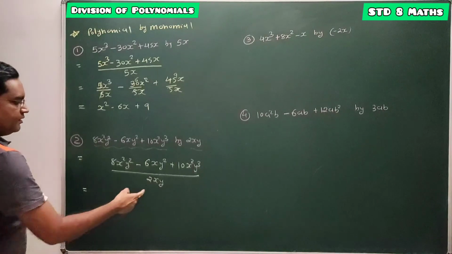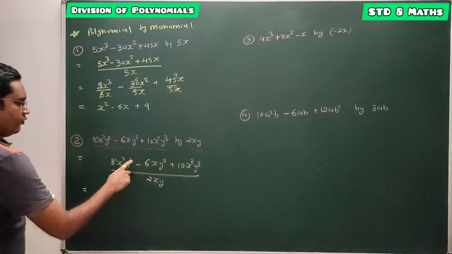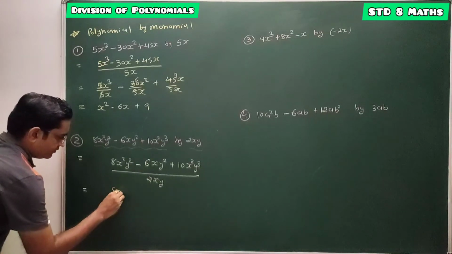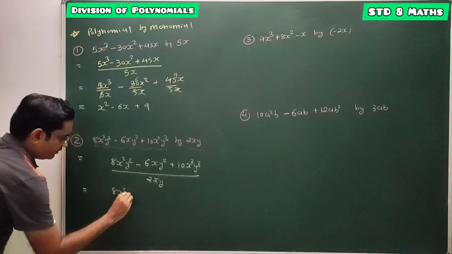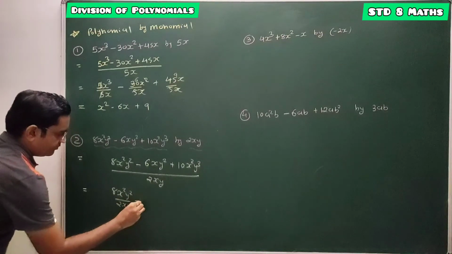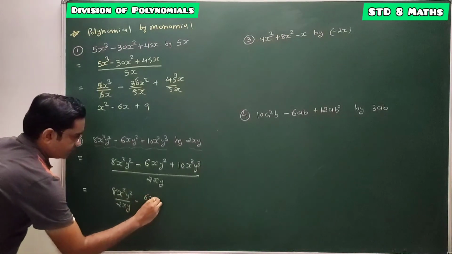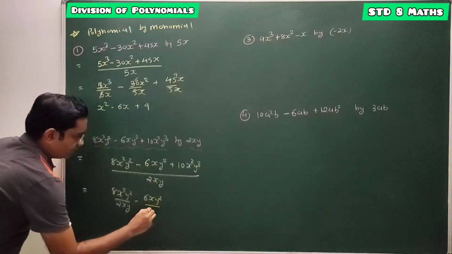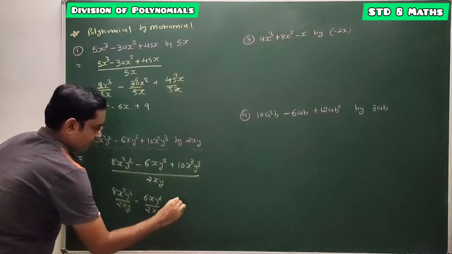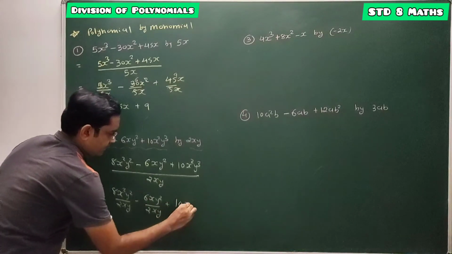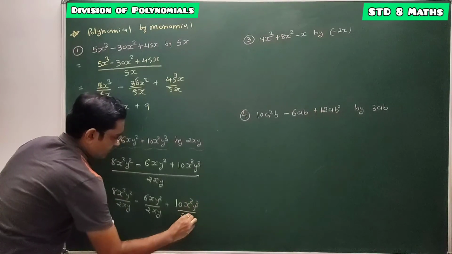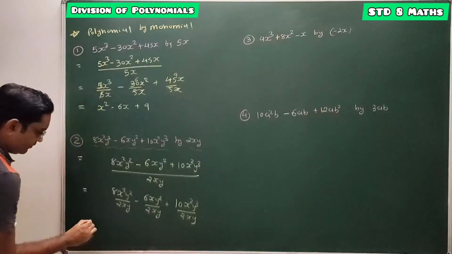Done. Now writing this denominator separately for all the terms in the numerator. So it will be 8x square y square upon 2xy minus 6xy square upon 2xy plus 10x square y cube upon 2xy.